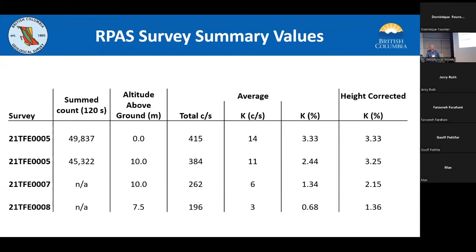Obviously this was collected at 0, so there is no height correction. But the rest of these surveys were collected at some elevation above surface, and we applied a correction factor to bring them to represent what the chemistry is at surface, taking into account that attenuation curve.